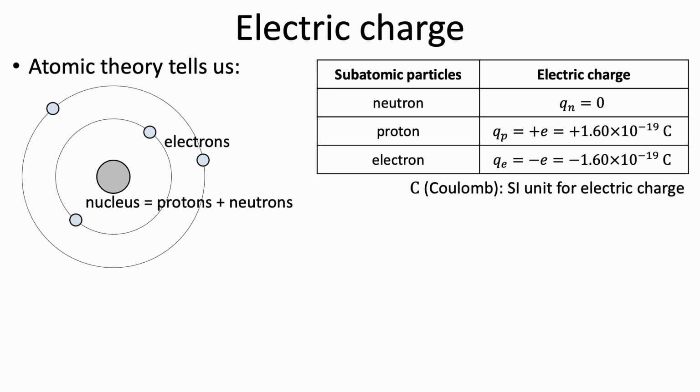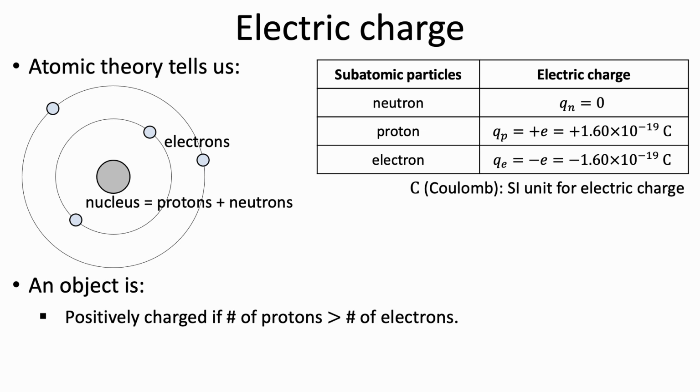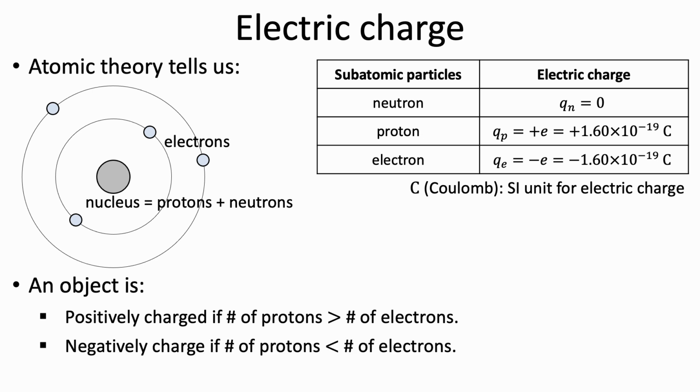A typical object contains many atoms, with each atom possibly having multiple protons and electrons. For this reason, an object is said to be positively charged if the number of protons it has is greater than the number of electrons it has. On the other hand, it is negatively charged if the number of protons is less than the number of electrons.